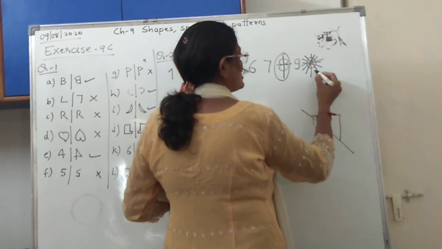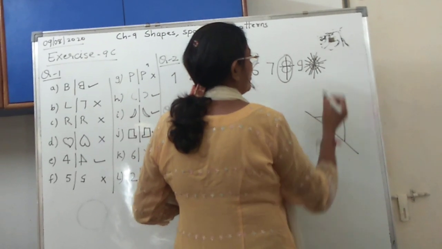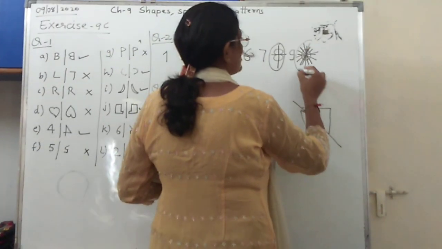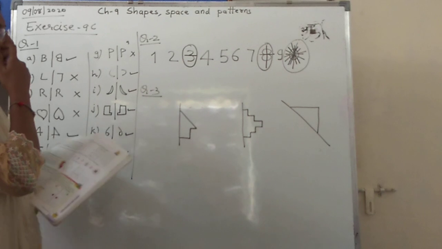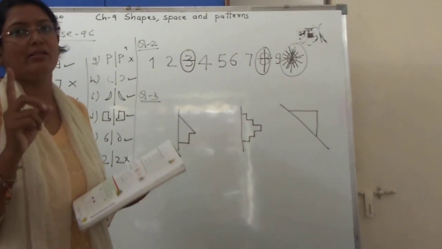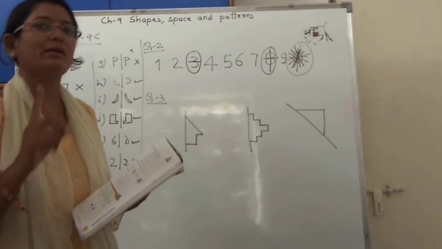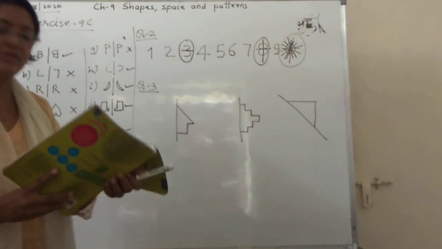Whatever number is coming, you can draw. This is the way you can draw. So 0 is also possible, so circle 0 also. So here 3, 8 and 0 are the 3 digits which are symmetrical, in which a line of symmetry you can draw. Other digits are not symmetrical. Fine. Let us start with the next question.